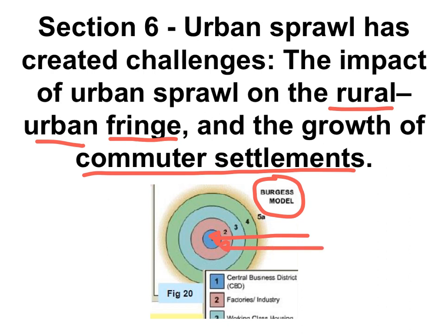Outside of cities there's the factories, the industrial zone, and that's where lots of the workers work, making goods. Outside of that there's often an area of older houses, often terraced houses, and that's where, say in the late 1800s, early 1900s, the workers would have lived, and they would have walked to work in the factories.